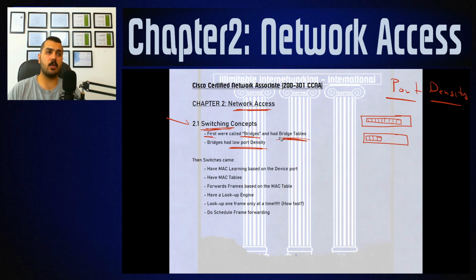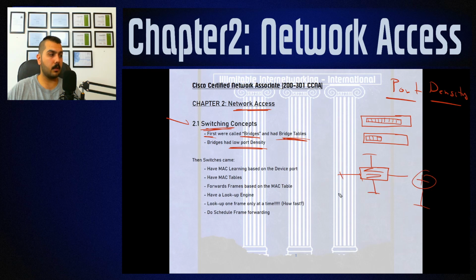The main function of bridging and switching is not different. What do you mean by switching? Let me first draw a switch that is connected to some devices.